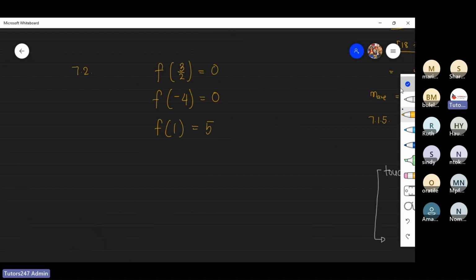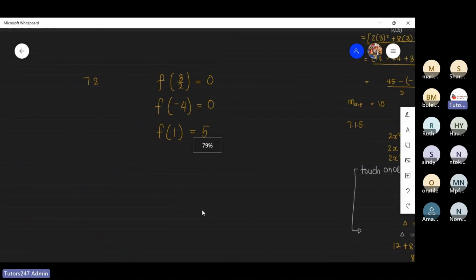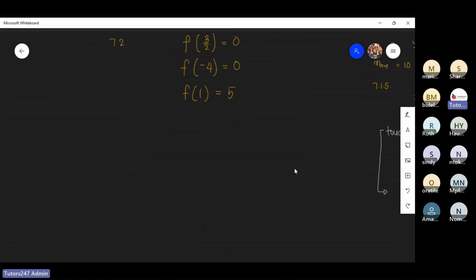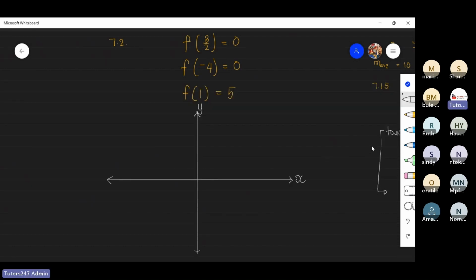Now, using that information, we now need to plot the graph. So let us draw our x and our y axis. Let us plot our points. So our first x value we were given was 1.5. So I'll plot 1 and I'll plot 2. The point 1.5 will be in between those 2 points.